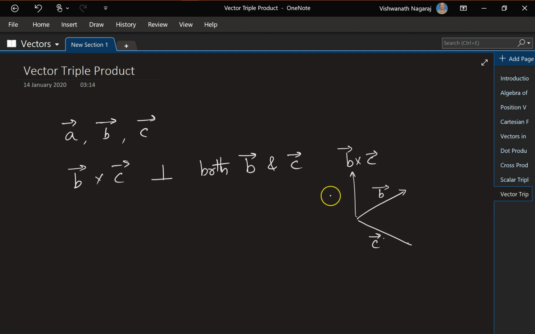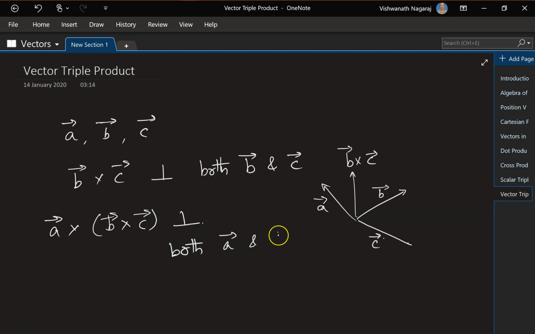Let's say this is A. Then A cross B cross C would be perpendicular to both vector A and vector B cross C.